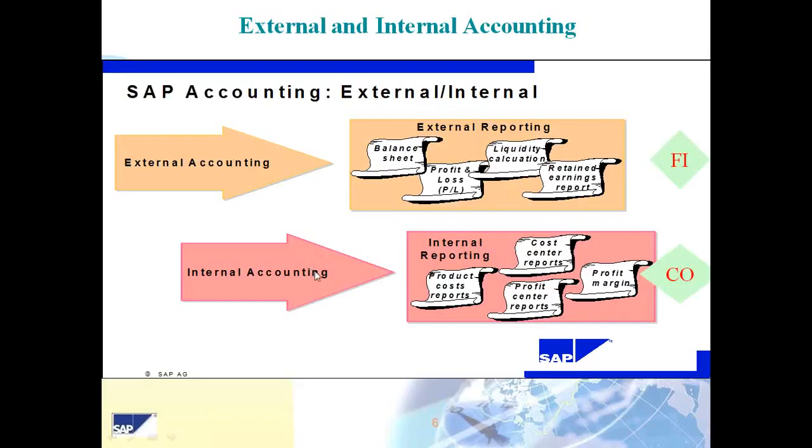Whereas CO is required for internal accounting and to draw the internal reporting. For example, I want to take the product cost reports, the cost center reports and profit center reports and profit margin. It is possible because of COPA, profitability reporting. We are going to see it later.